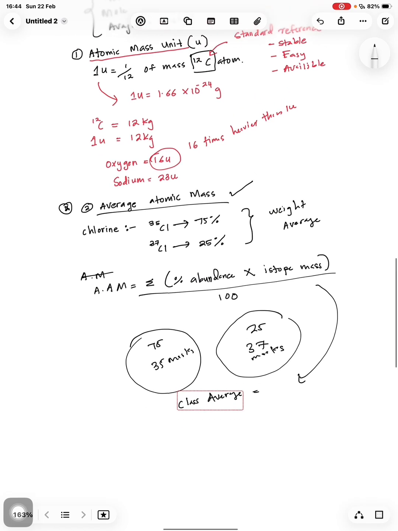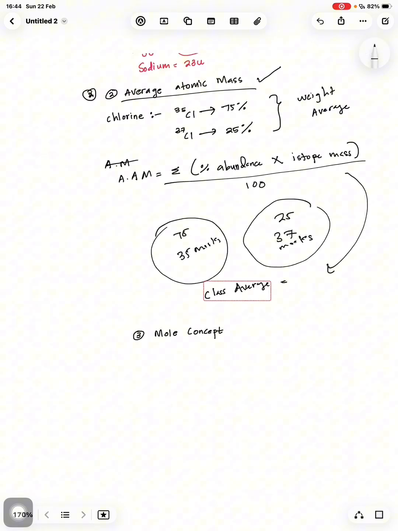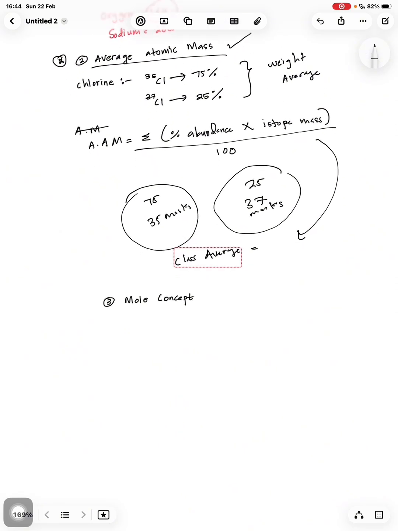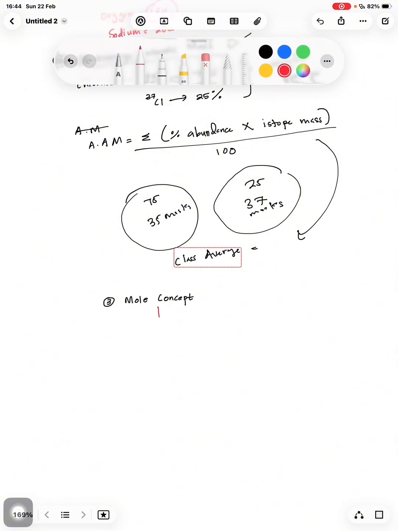Next we have mole concept. Third one. Mole, right? Remember, it is just a counting unit. Like for example, 1 dozen is equal to 12 items.